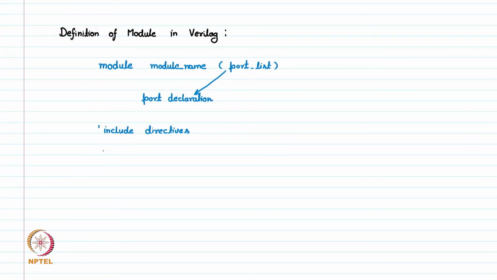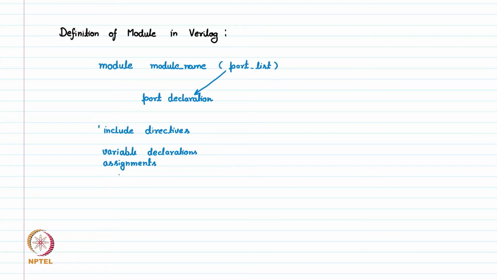Then we have variable declarations. We use so many variables inside the module. We will have various assignments where we will assign the value to a variable using some input parameters from A and B. So we have assignment statements.